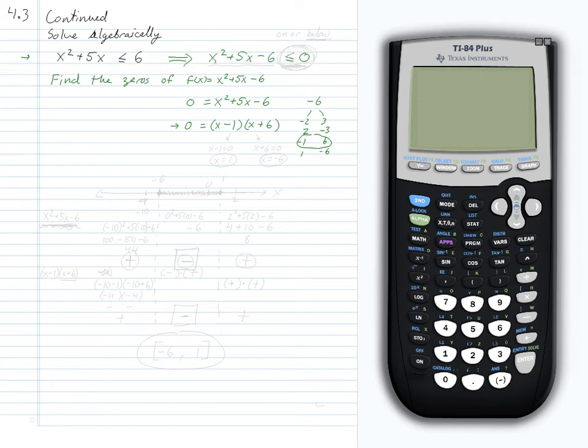Alright, now that we have this factored, we can set each piece equal to 0: x minus 1 equals 0, or x plus 6 equals 0. So we see that x equals 1, or x equals negative 6. Those are our x-intercepts, so those are going to be the boundaries of our solution set. If we set this up on a number line, we'll plot those intercepts from low to high, negative 6 and 1.